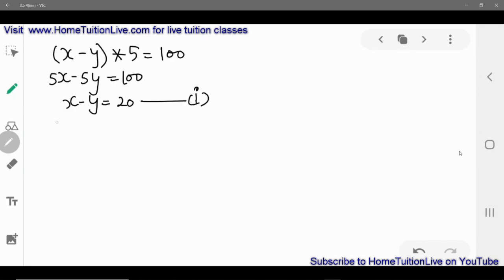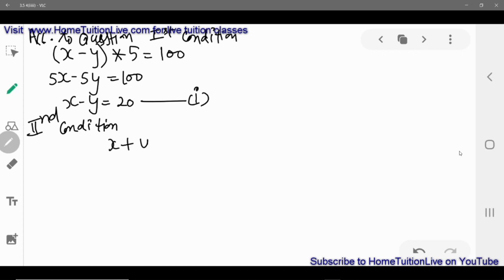So the second condition according to the question is x plus y is equal to 100. This is our second equation.